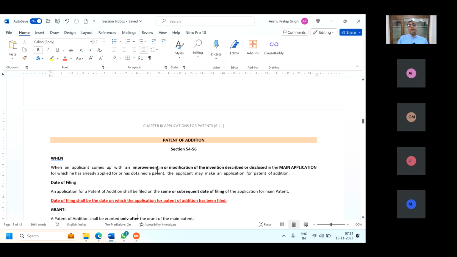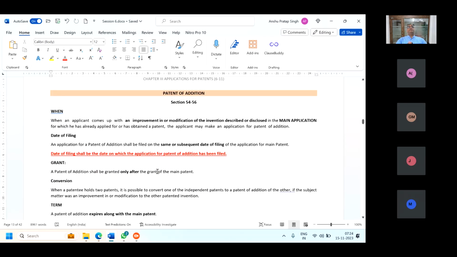Now, patent of addition. In a patent of addition, suppose you applied for an invention and you thought there is something by which this invention can be improved upon, or there is a modification of the invention which you have done in the application you have filed.